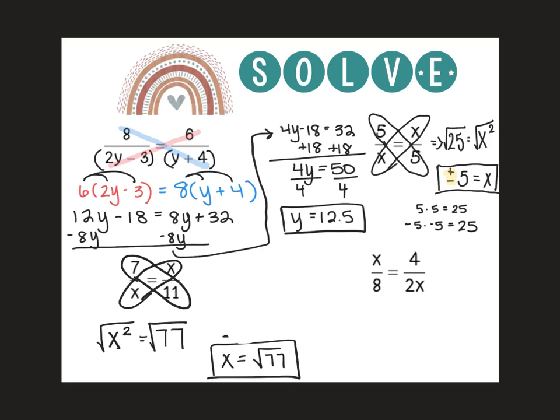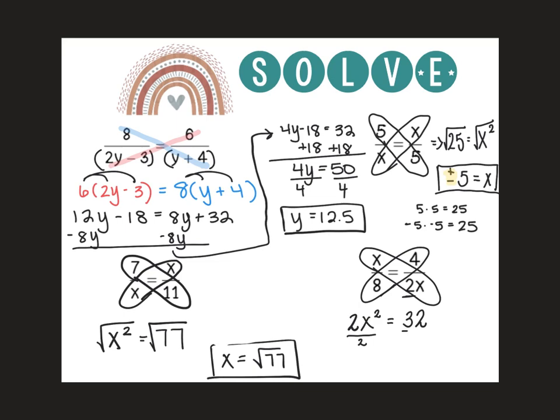Okay, and then one more. So very last one, same process. X times x gets you x squared, and you have this 2 out in front. So we really just get 2x squared. 8 times 4 is 32. Now, when you solve this one, before you can take the square root, you have to get rid of this 2 out in front.